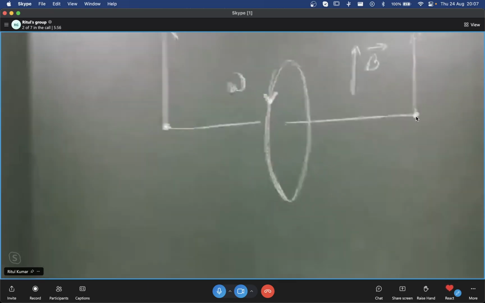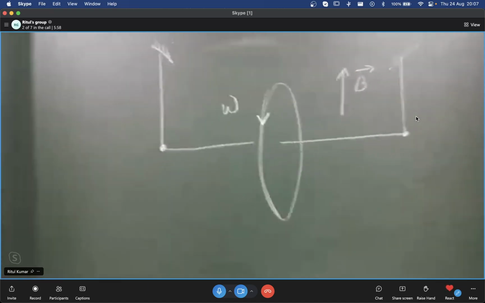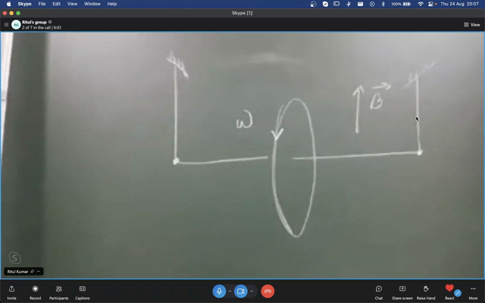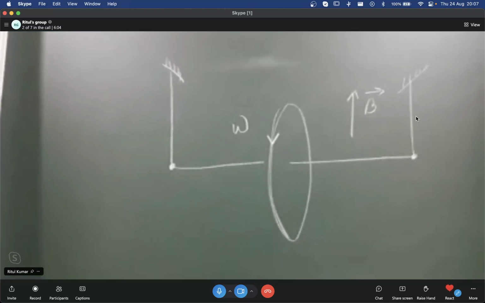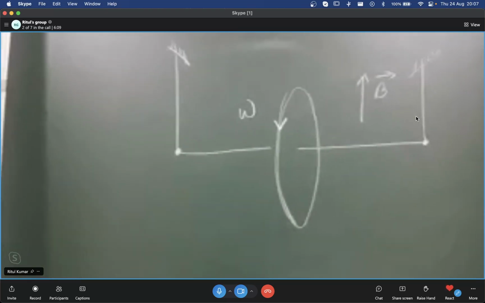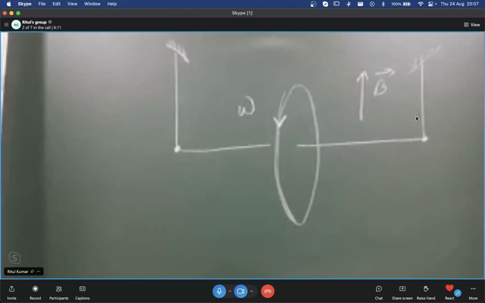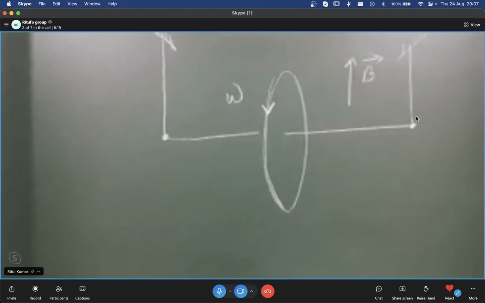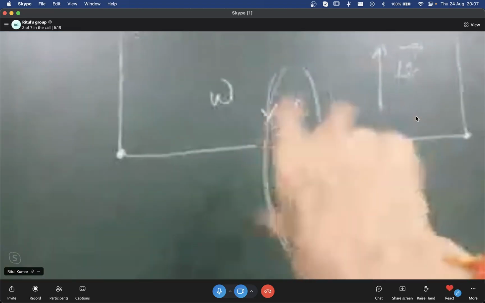If you take L cross B, L is towards me at the top. L cross B gives you the left, and the other will be right. That means this disk should start rotating this way, correct? Yes, sir. That's my hypothesis.